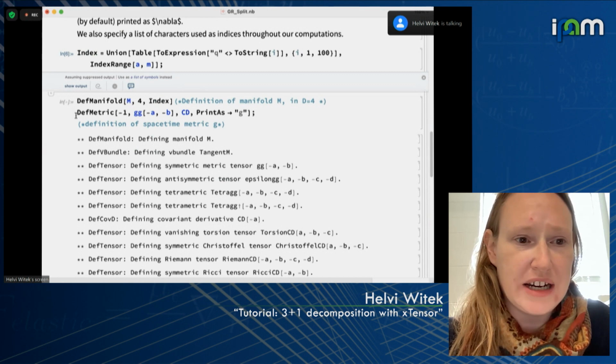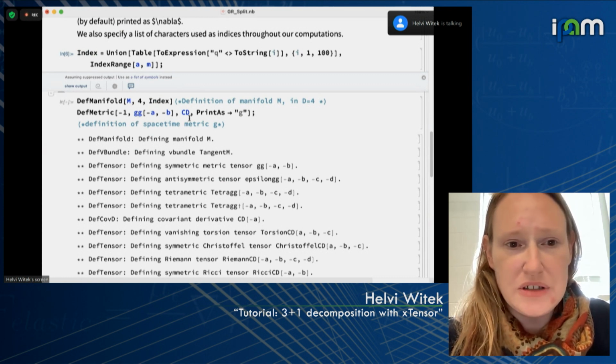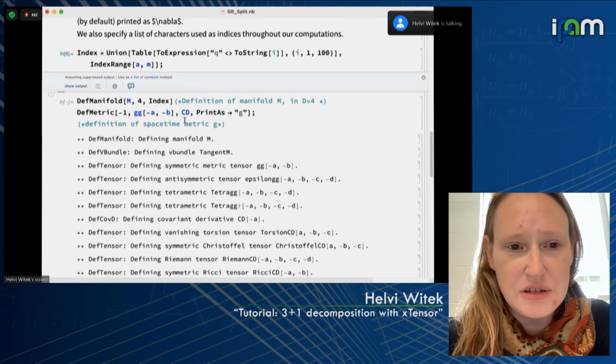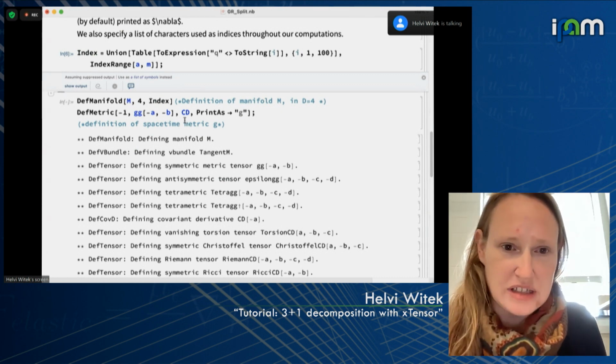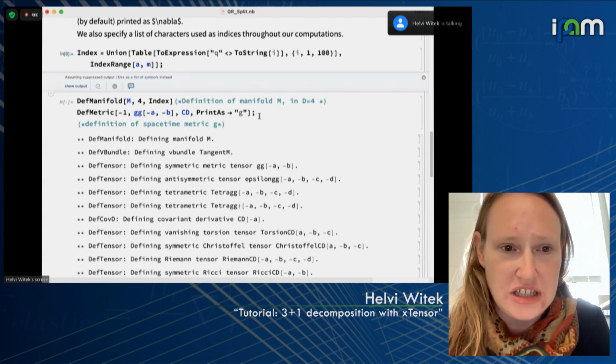Now, I can also define my metric, so def metric. The signature -+++ is what I'm indicating in this first entry. The name of the metric will be G AB. I use capital CD to indicate my covariant derivative with respect to this metric, and I will print out the metric just as G here.